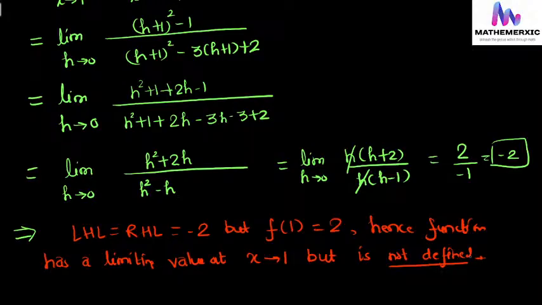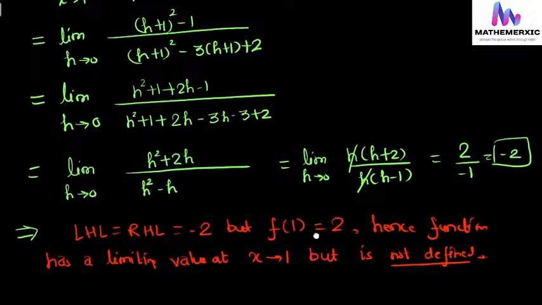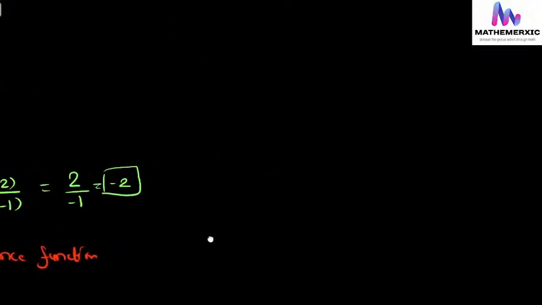And why it is not defined? Because value of function at 1 is 2, which is different than the limiting value. But there can be other cases where the function is not defined, that is LHL is not equal to RHL is also a case. Existence of function at, so that part we will try to understand.